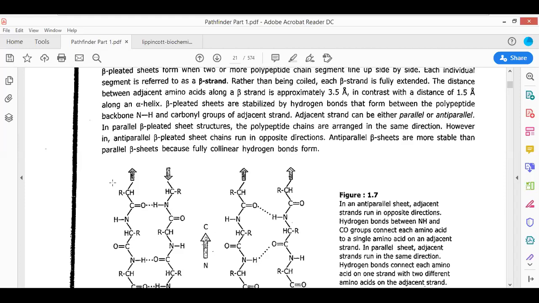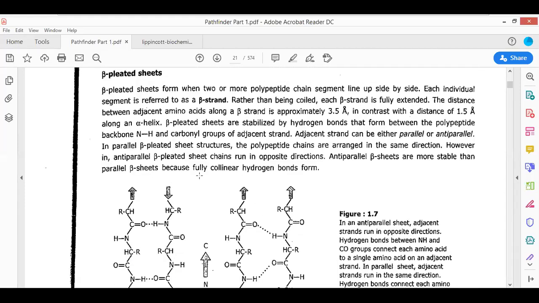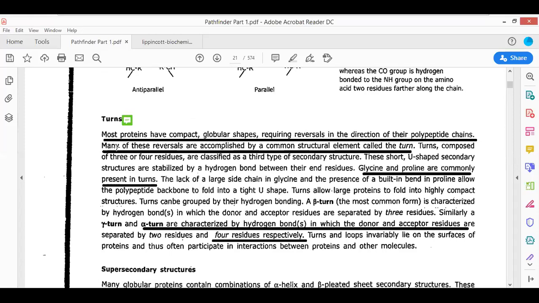Alpha helix and beta pleated sheet structures are found in the internal structures of polypeptides, and in the structure of the plasma membrane, because both are self-stabilized in nature. Alpha helix undergoes intra-chain hydrogen bonding, within the chain, and beta pleated sheet undergoes inter-chain hydrogen bonding, between the chains.